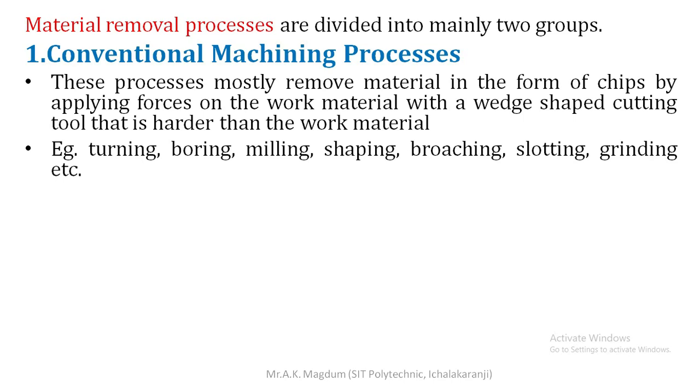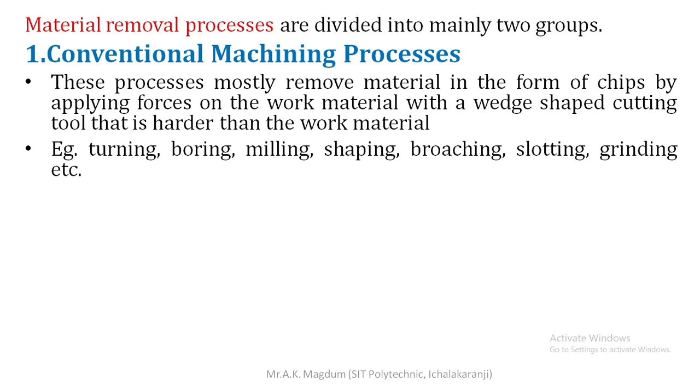So what is the basic condition for a conventional machining process? The tool is harder than the workpiece material. Then and only then can you easily remove the material from that workpiece surface. Otherwise, if the tool material is aluminum and you want to machine a workpiece material like mild steel, in that case no material is removed from the workpiece surface in a conventional machining process.